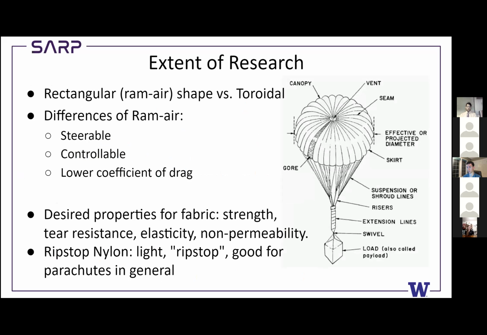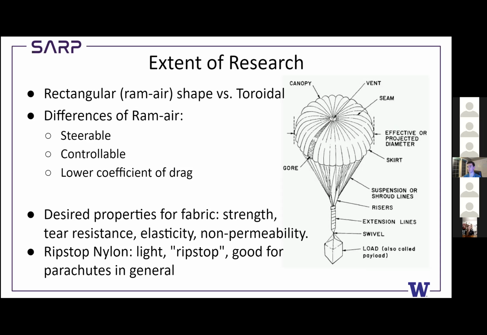So the extent of research, we looked at a couple of different canopy shapes. On the right is kind of a diagram of what the different parts of a parachute are called. Ram air was one of the ones we looked at, which is steerable, controllable, and has a lower coefficient of drag.